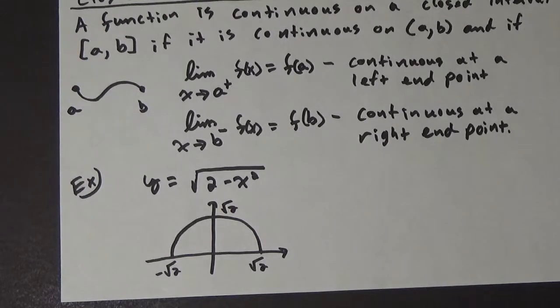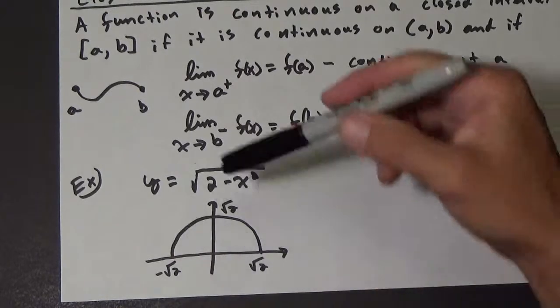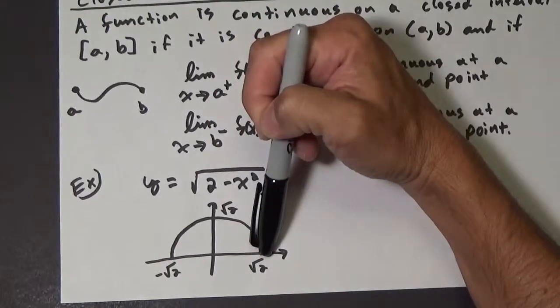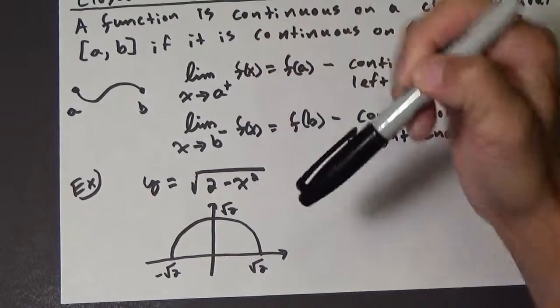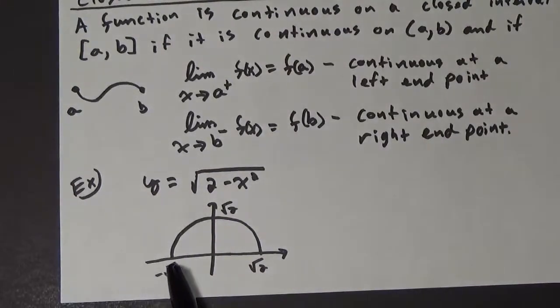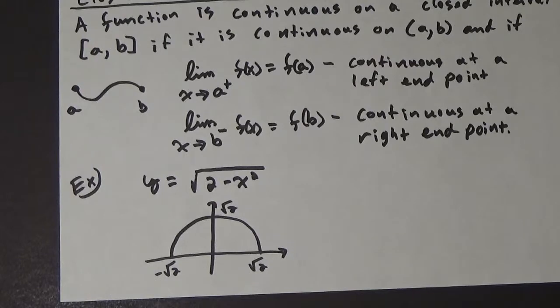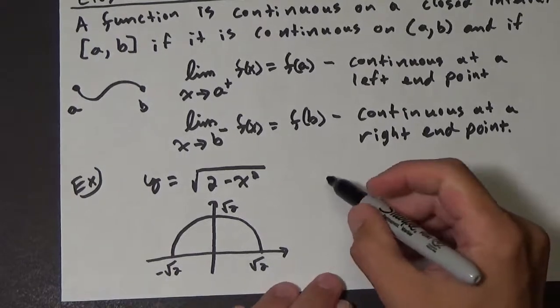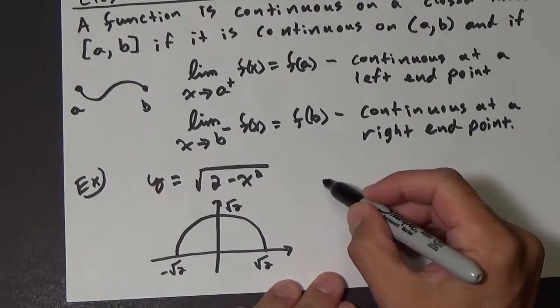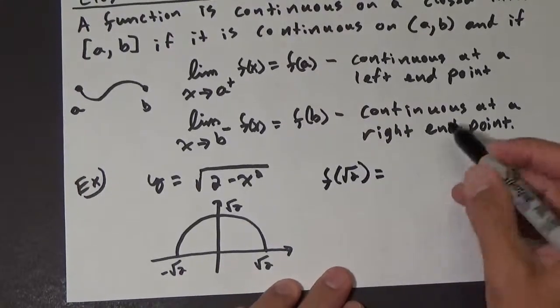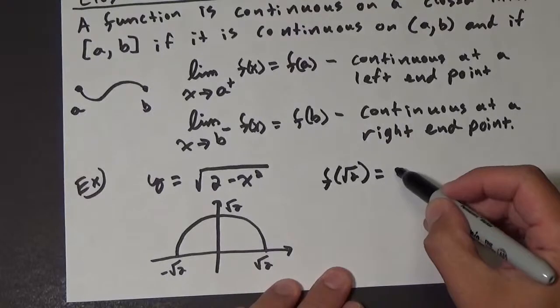And so we can say that this is continuous on the closed interval, because of course it is continuous on the open interval from negative square root of 2 to square root of 2. And the endpoints are continuous too. Let's do the right endpoint. First of all, f of the square root of 2 equals 0.